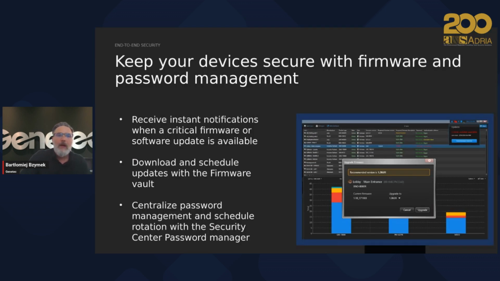So when we go to the bottom line, which is the hardware layer, we provide a solution which can be easily maintained by our software. Keep your devices secure with firmware and password management. This is what Security Center is famous for. All of you who know Security Center already know it.